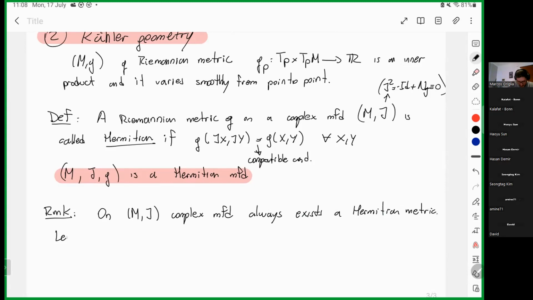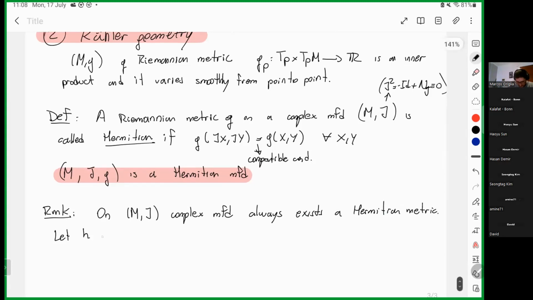Okay, let H be any Riemannian metric on M. With this metric, we can just do the following: H(X, Y) plus H(JX, JY).